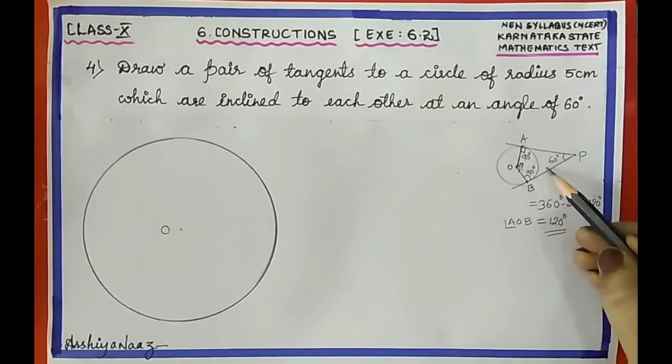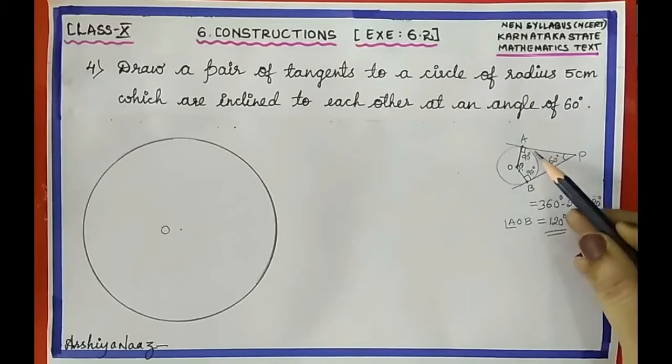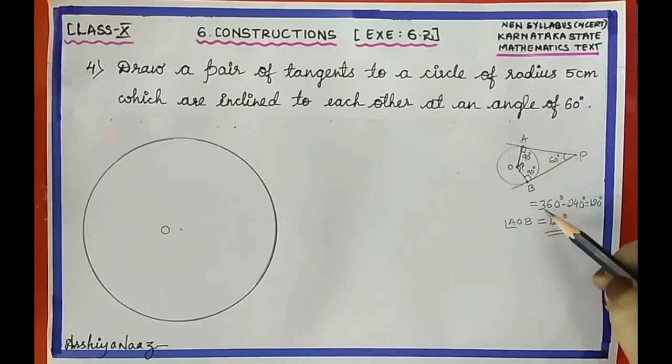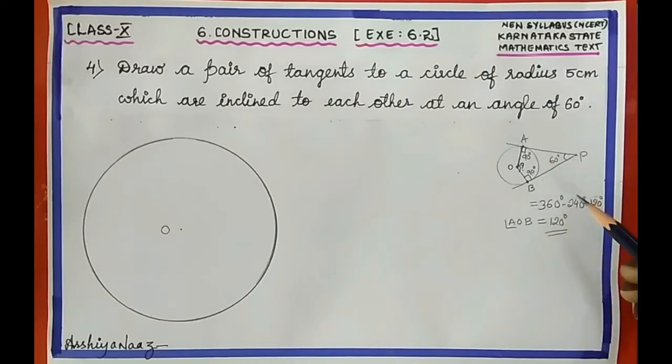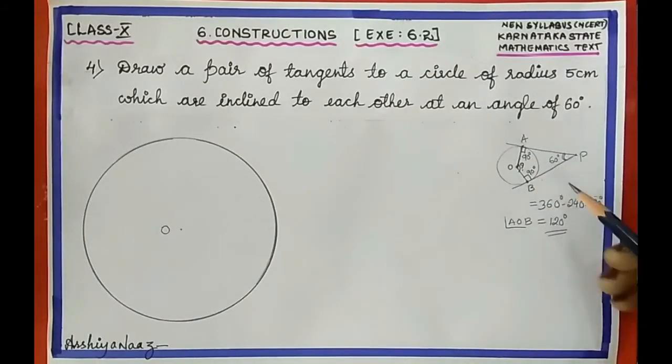Now add up all these angles. 120 degree plus 60 degree is 180 degree, and this 90 degree and 90 degree, totally 180 degree. So now the sum of all the angles will become equal to 360 degree. All this I have explained to you because we can't directly draw the tangents, and also we can't construct the angle 60 degree directly.